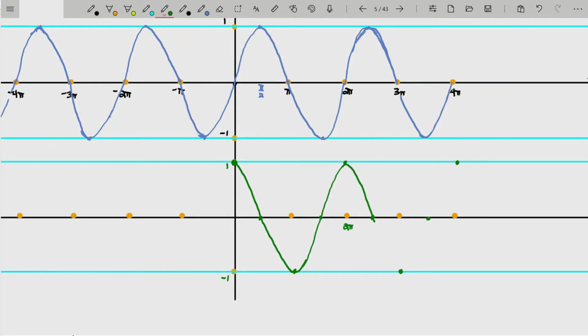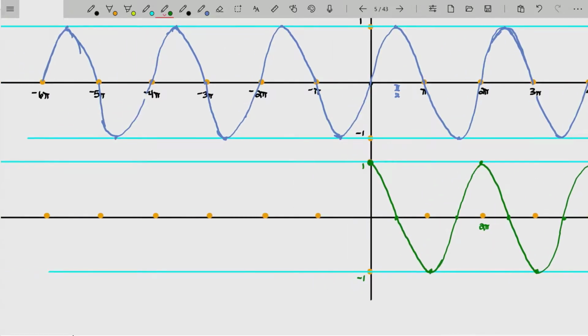And again, you could plot values if you wanted to, or build a table, but that would get very abusive in a trig course because you're going to need to graph these super quickly. Although, to be honest with you, we do not normally graph in trig going from negative huge pi to positive huge pi.